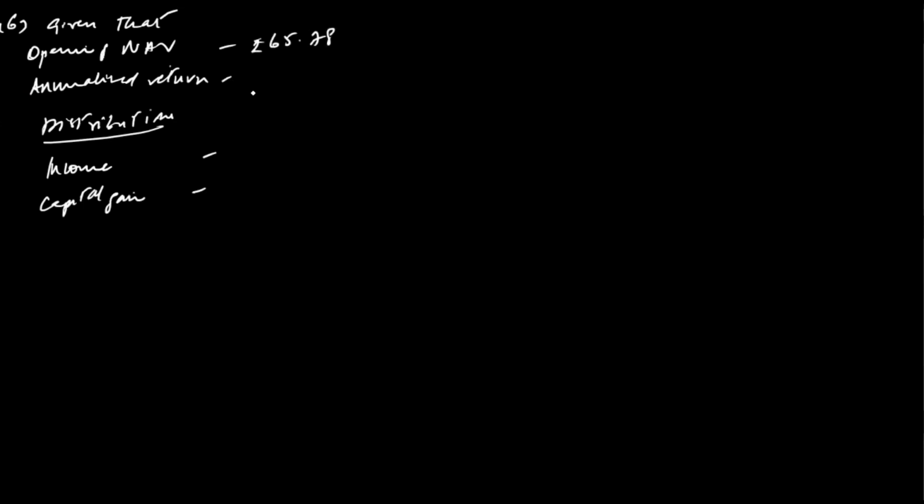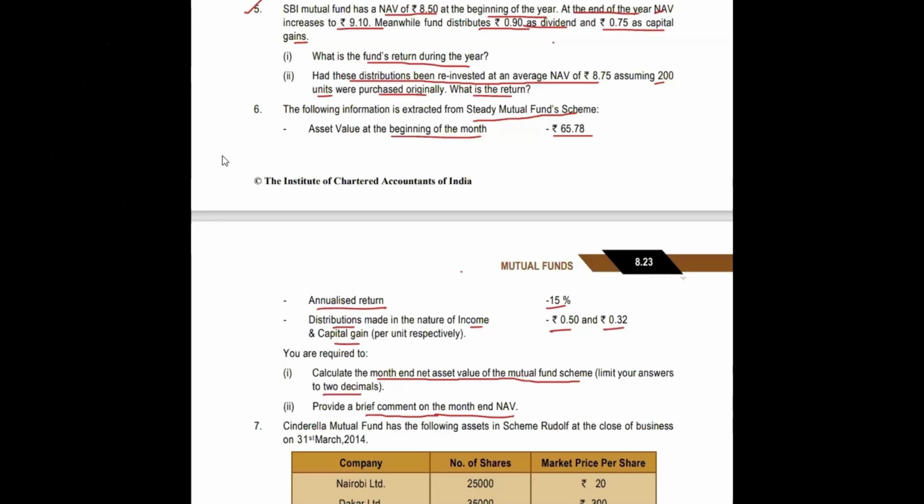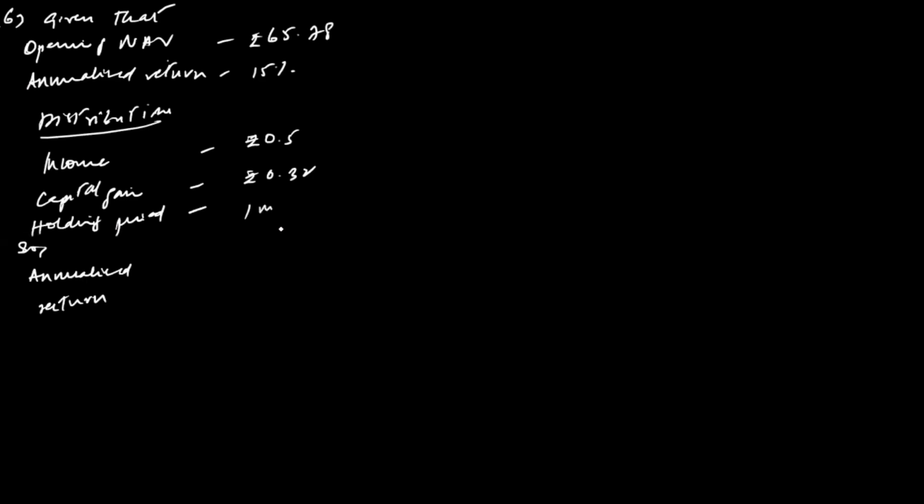Opening NAV is 65.78, annualized return is 15%, income is 0.5, and capital gain is 0.32. Okay, so annualized return, what is holding period? 1 month.